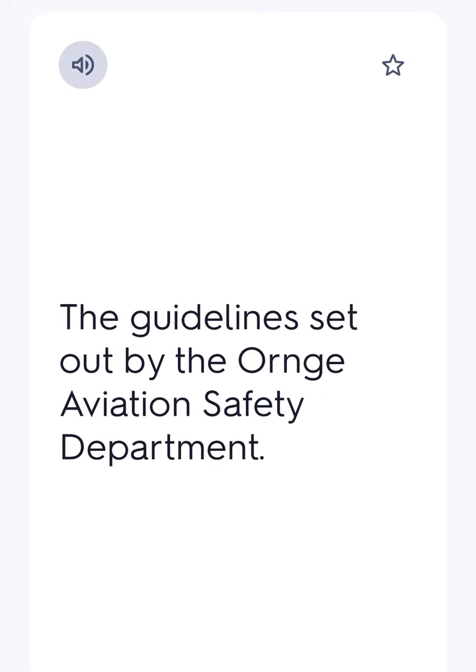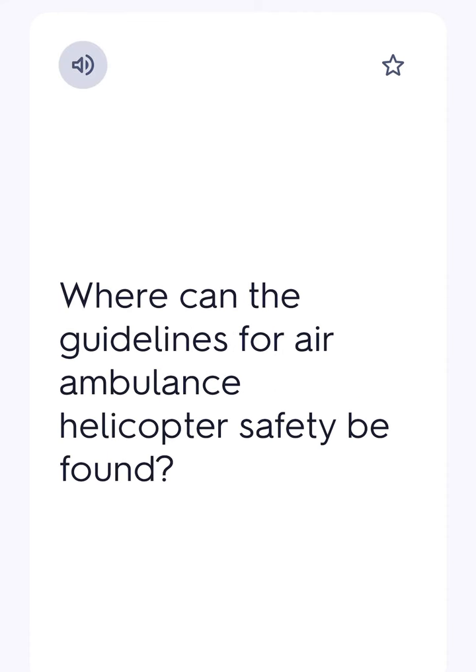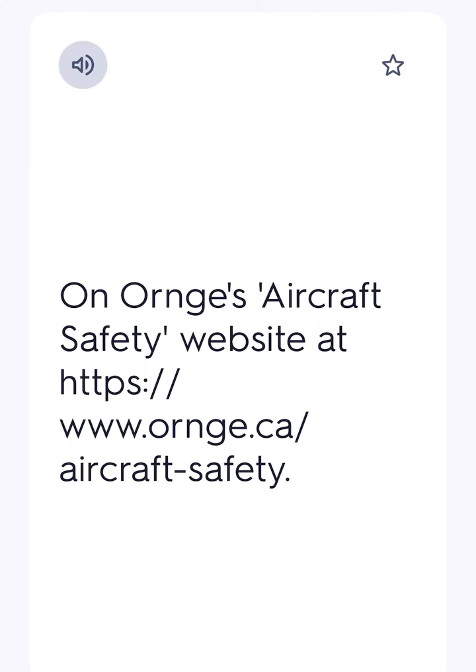The guidelines set out by the Orange Aviation Safety Department. Where can the guidelines for air ambulance helicopter safety be found? On Orange's aircraft safety website at https://www.orange.ca/aircraft-safety.